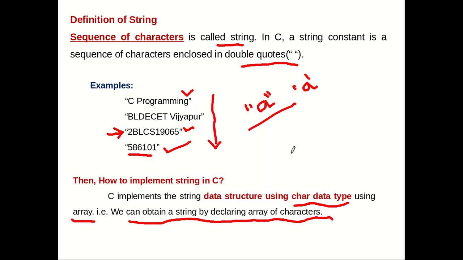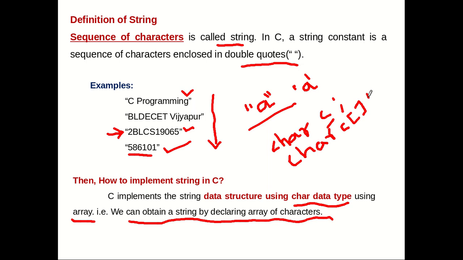Instead of declaring, for example, char c, which means c is a variable that holds only one character, suppose I want to have a string. Then we can declare a string by using the character data type, and that variable should be of array type.